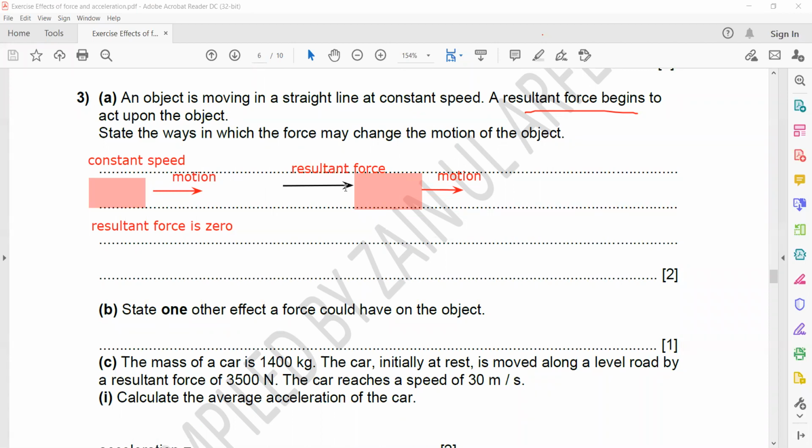As the direction of resultant force and motion are the same, this object will accelerate, or its speed will increase. And what is the second possibility? What might happen if the direction of the motion and the direction of the resultant force are opposite?